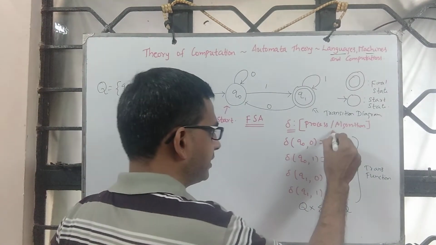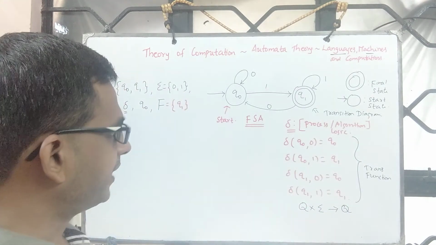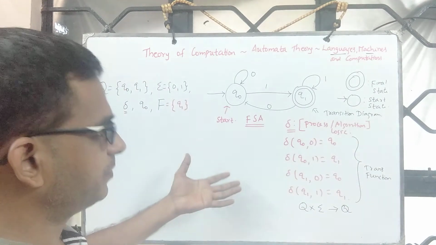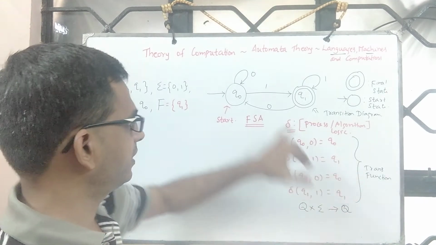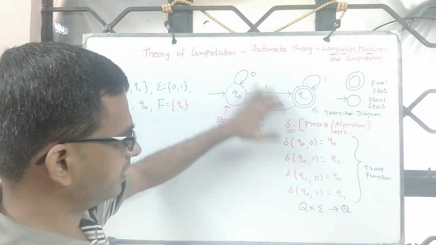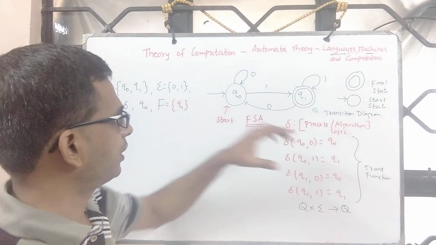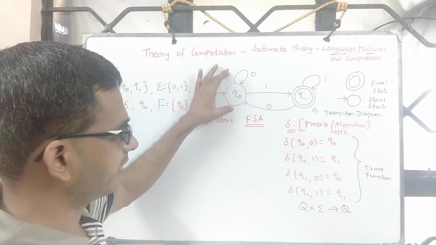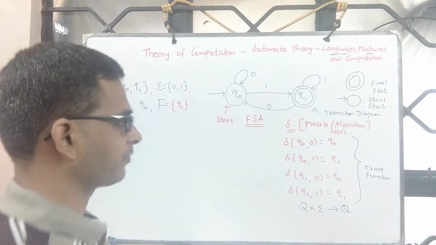So this is our logic, which means ultimately it is this that describes the machine, correct? Either you describe using the transition function or using the transition diagram, they are equivalent. So the process or algorithm or logic is described using the transition diagram or through the transition function.